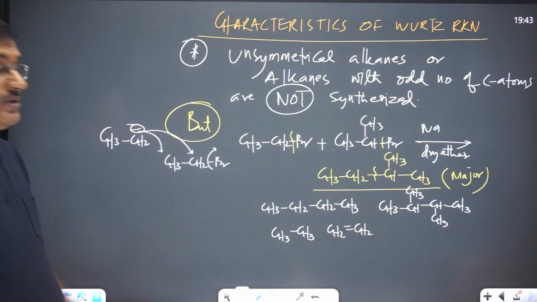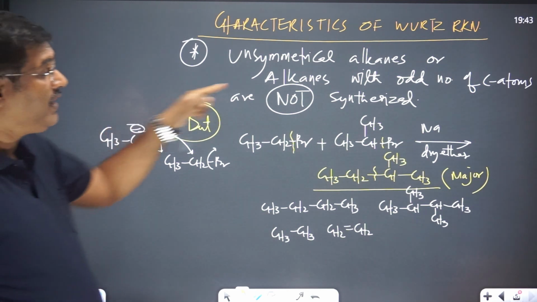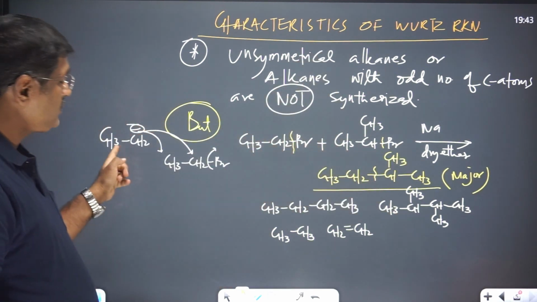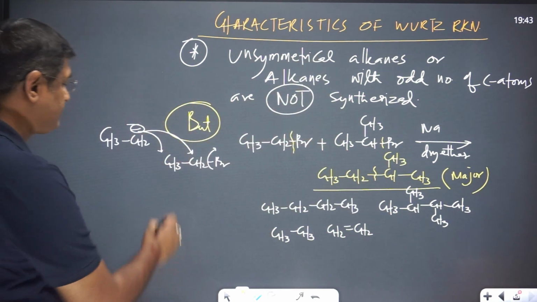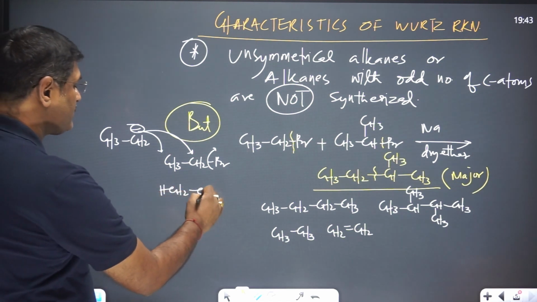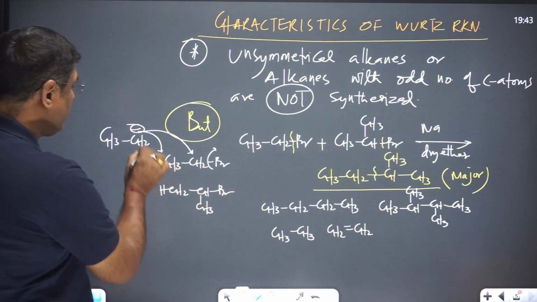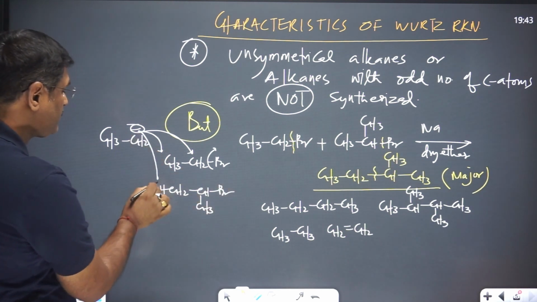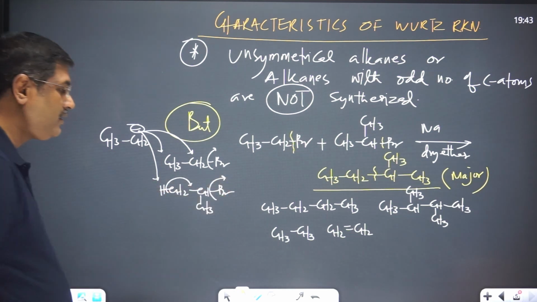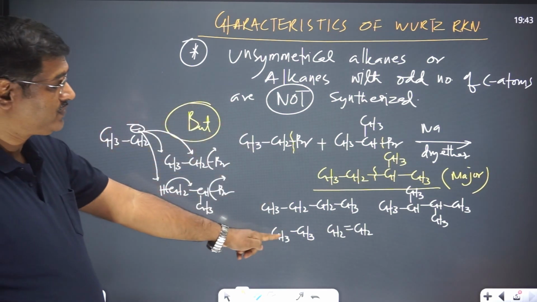One more possibility is there. When this carbanion forms, it can attack on the alpha carbon, and then this is the product. But if it attacks on the beta, there the H of CH2CH2Br is pulled out. When it attacks here, the same product forms, CH3CH3.